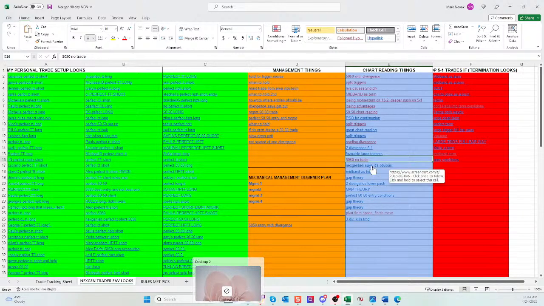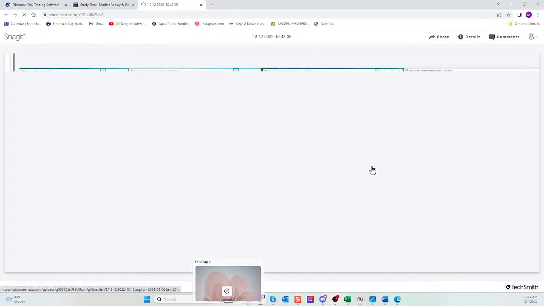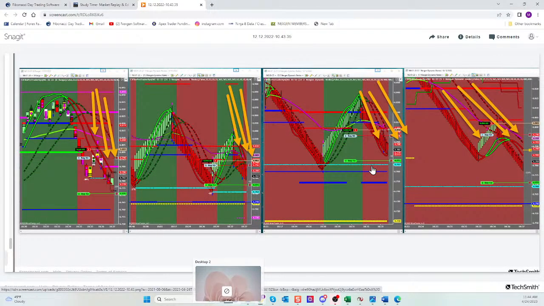I like this one. Nexgen Ben says it's obvious. What does that mean? I mean, every chart says the same thing. I used to hate that phrase obvious because what's obvious to me may not be obvious to you.